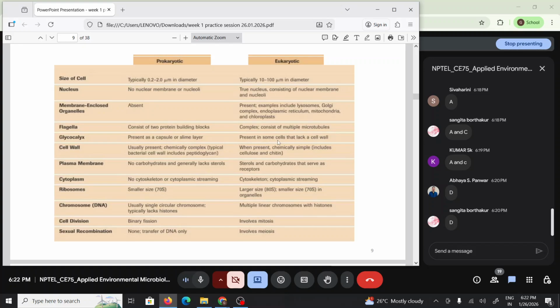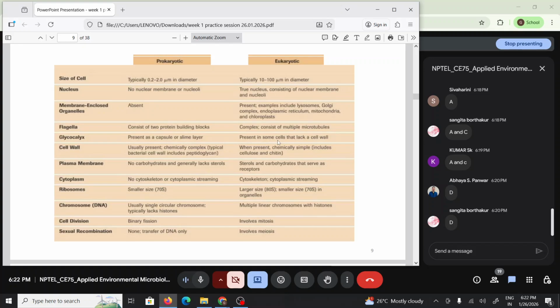And as we saw, prokaryotic organisms lack membrane bound organelles, whereas in eukaryotes we have different membrane bound organelles that perform various different functions. So these organelles include Golgi complex, mitochondria, endoplasmic reticulum, and chloroplasts.